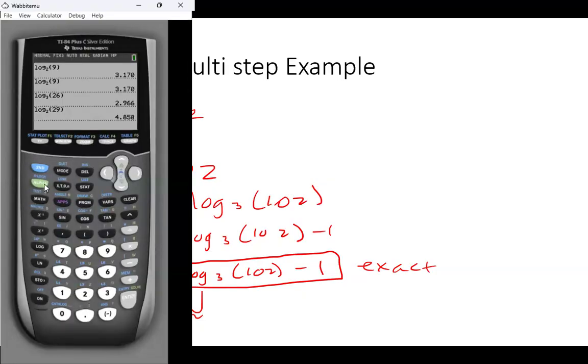We have alpha window, and we have log base 3 of 102 outside of the parentheses minus 1. There we go. So we get 3.210.